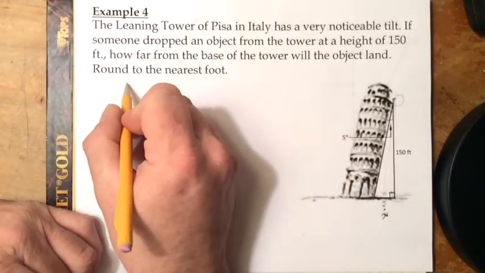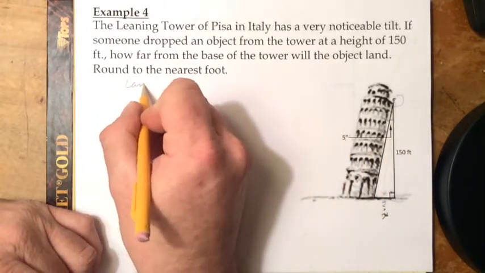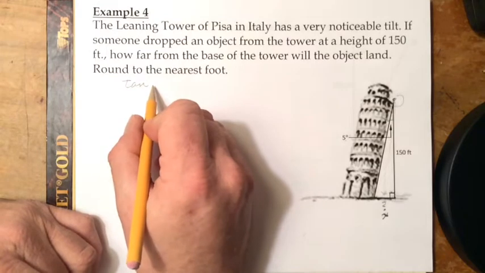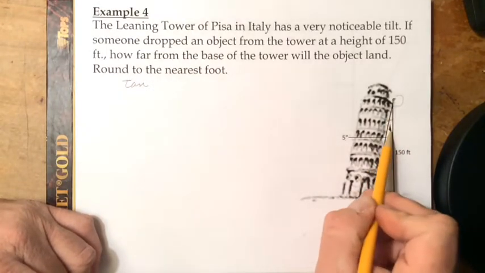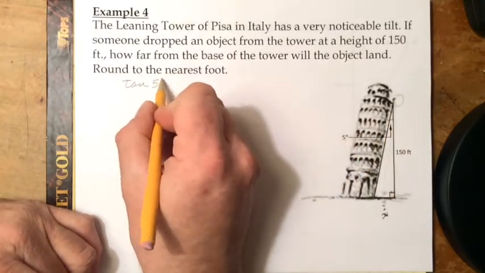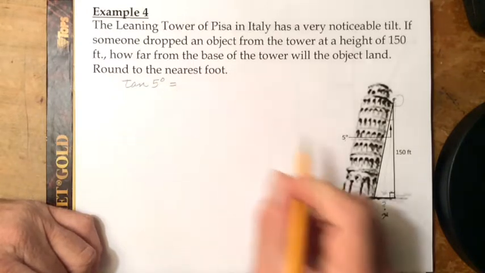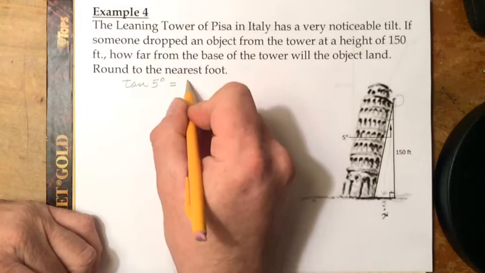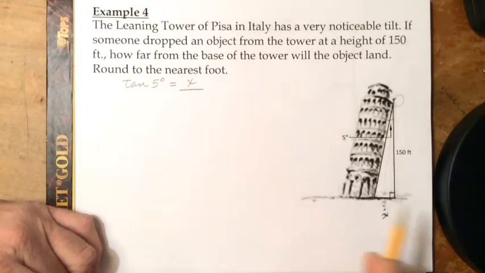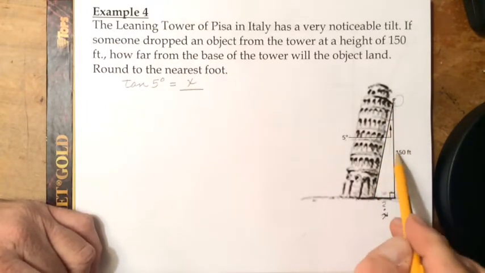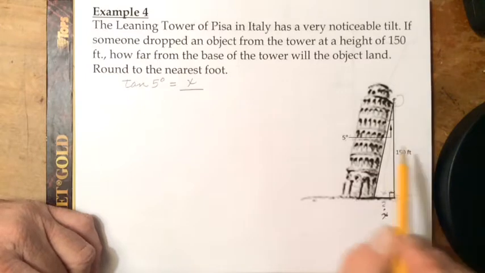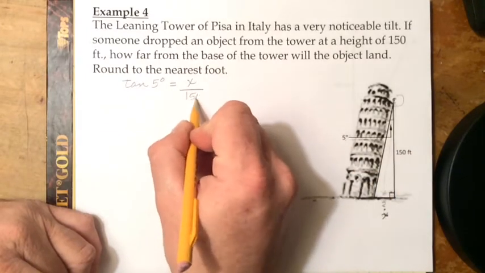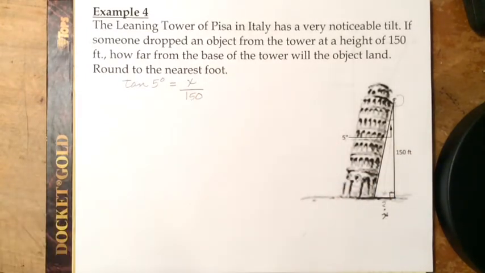Well, that's tangent. So the tangent of 5 degrees is equal to the opposite side from that angle, which is X, over the adjacent side, which is 150. So there's our equation that would find the value of X.